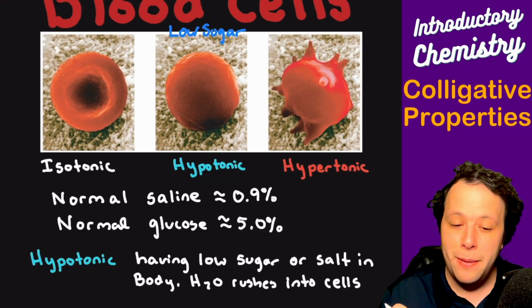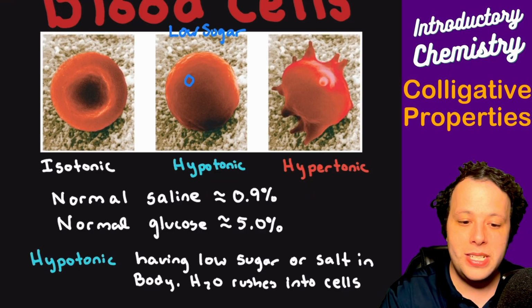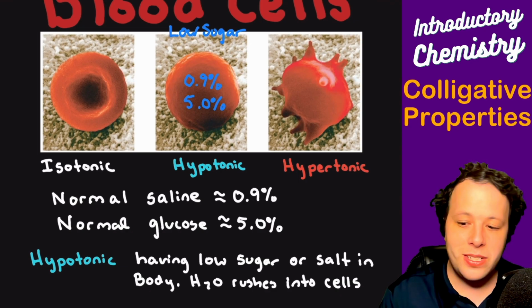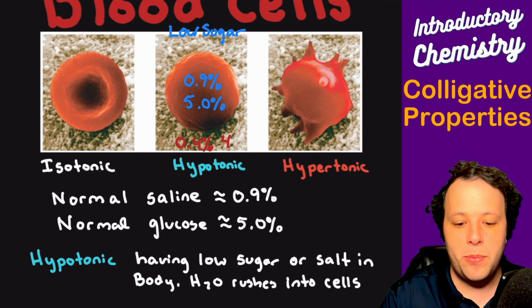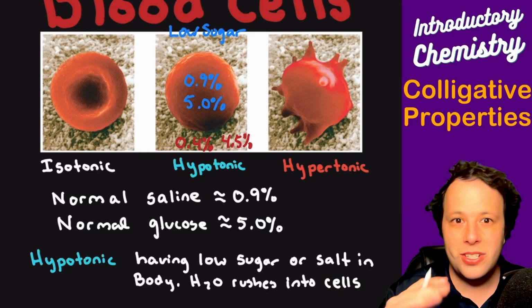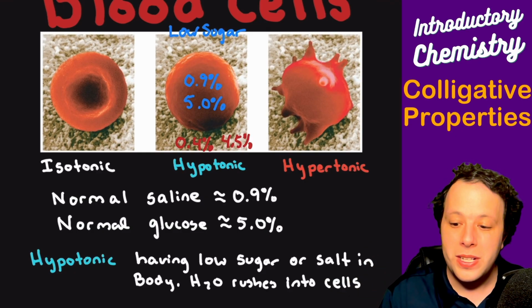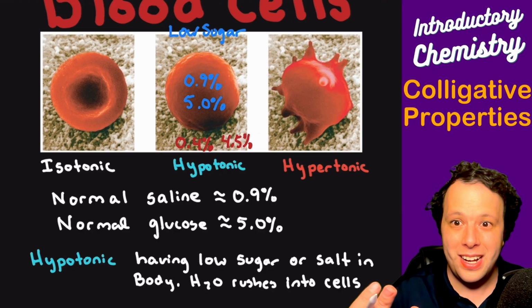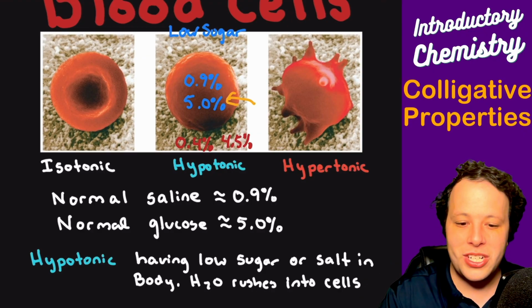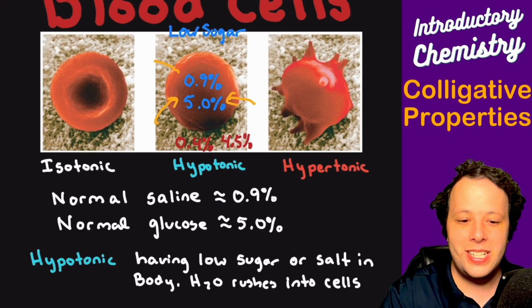Well, what's going to happen is inside of your cell is typically always 0.9% and 5%. So let's say outside the cell, it was like 0.4% and 4.5% salt and sugar respectively. What's going to happen is all of the water that is now outside is going to rush inside of the cell. It's all going to come in.